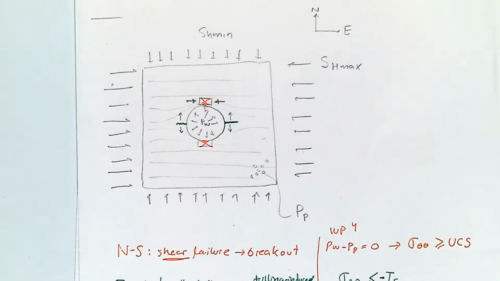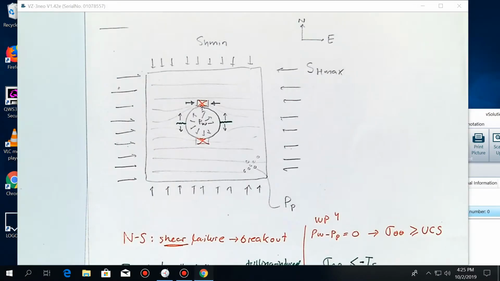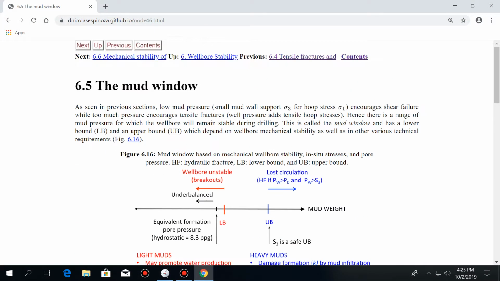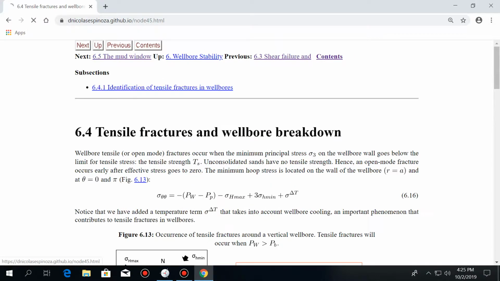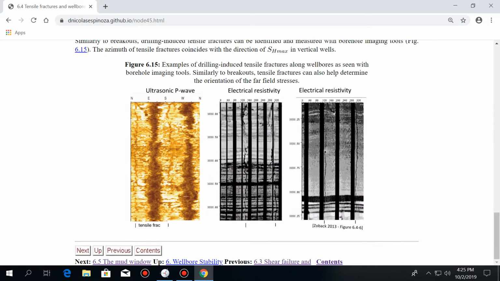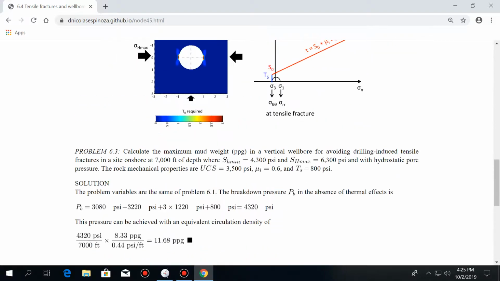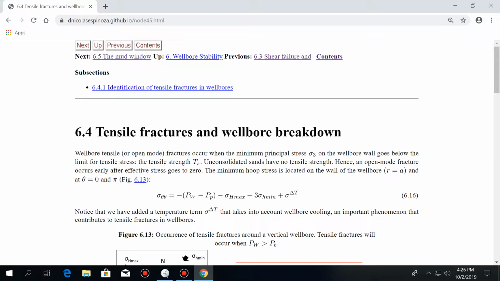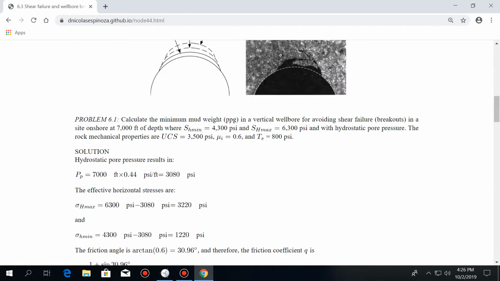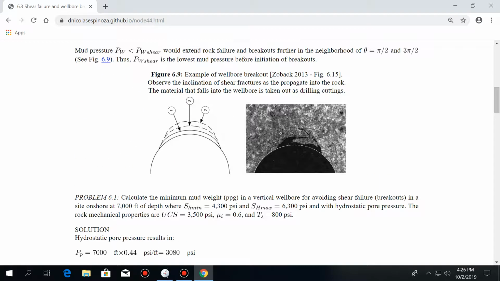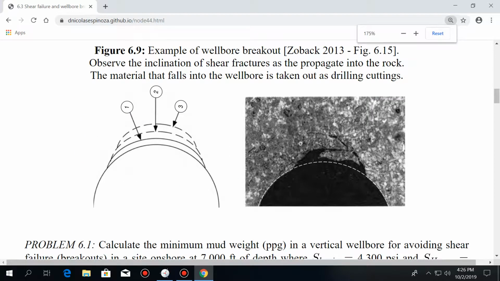Well, what is happening there, and there is a very nice image here about that. Probably this is a good example.